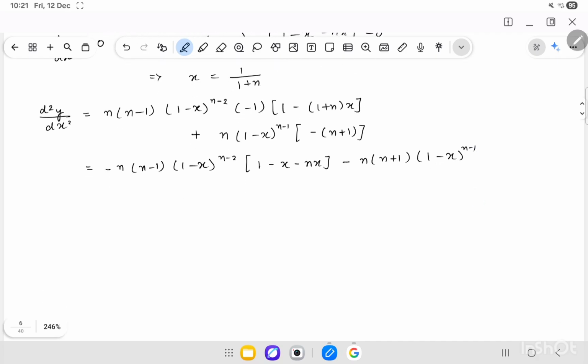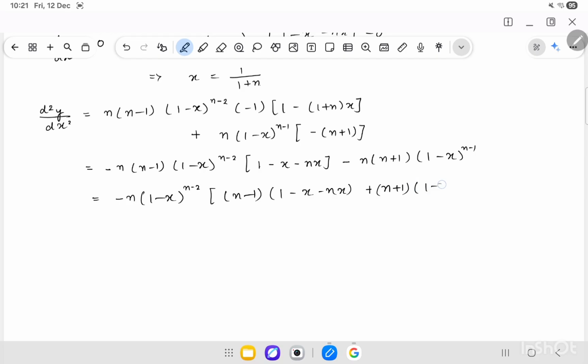Now let's take some terms common in order to simplify it. I am taking n(1 minus x)^(n minus 2) common. I'll be left with (n minus 1)(1 minus x minus nx) plus (n plus 1)(1 minus x), it will be plus because we have taken the minus and n as common.